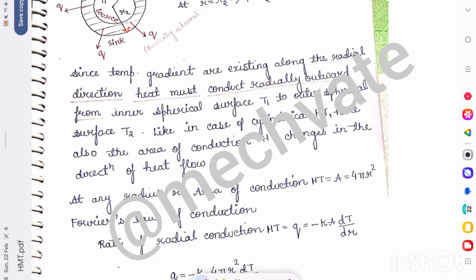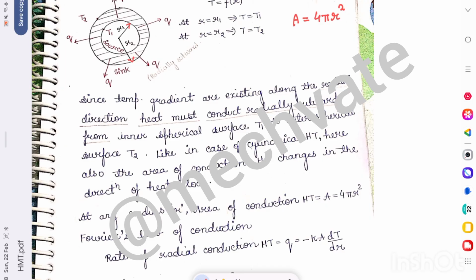So let's read some important points. Since temperature gradients exist along the radial direction, heat must conduct radially outward from the inner spherical surface T1 to the outer surface T2, because here heat is transferred radially.